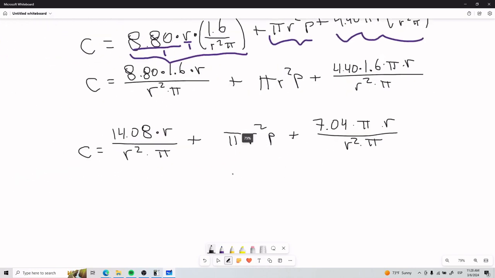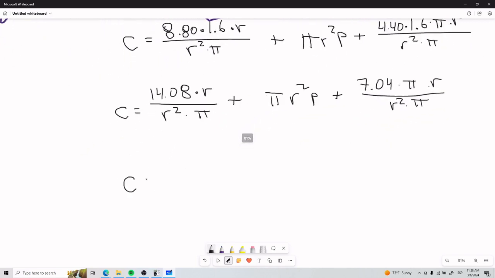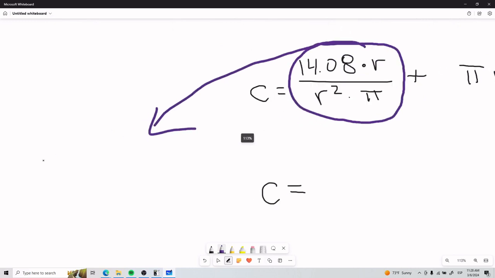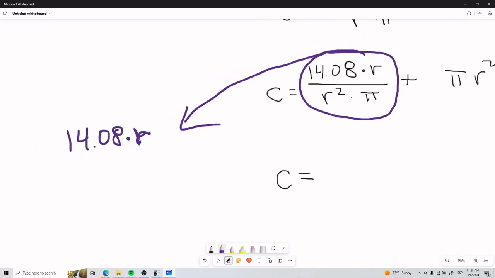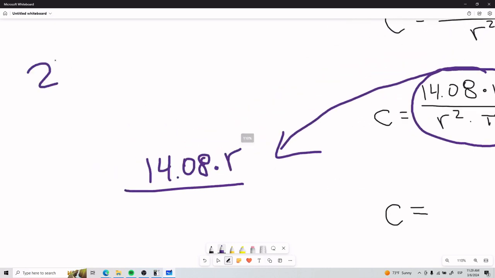Yeah, and now we gotta do a little bit of a math trick. So, just so you guys understand really what I'm about to do, I show this guy more closely over there. So here I have 14.08 times R divided by R squared. Now what does R squared do? If you have 2 and you have it squared, it's the same as writing 4.